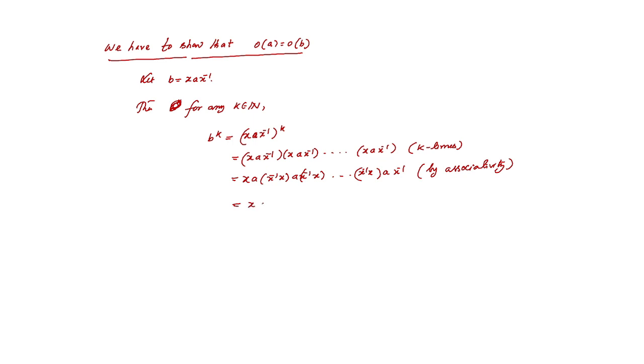And from that we can write X A to the power K X inverse, since X inverse X equals the identity element in G. So for any K belonging to natural numbers, we get B to the power K equals X A to the power K X inverse.